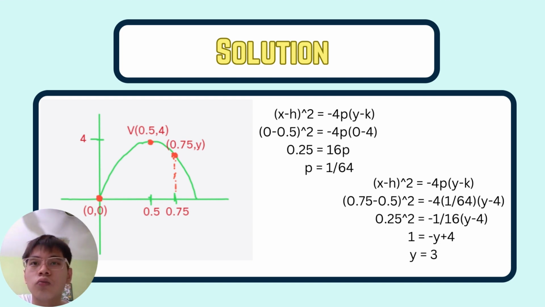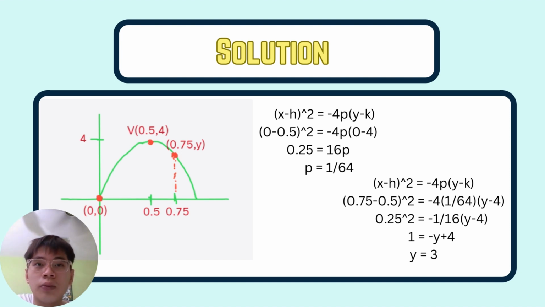We know that the origin is on the parabola, so we sub the origin as x and y. Then we get (0 minus 0.5) squared equals negative 4p times (0 minus 4). And we get 0.25 equals 16p. Then p equals 1 over 64.